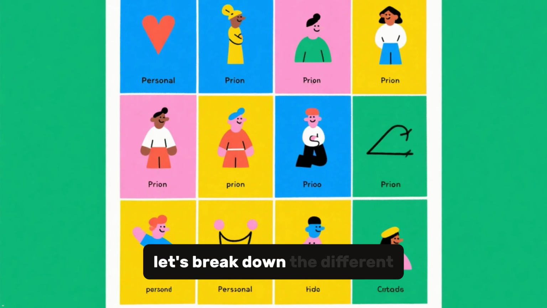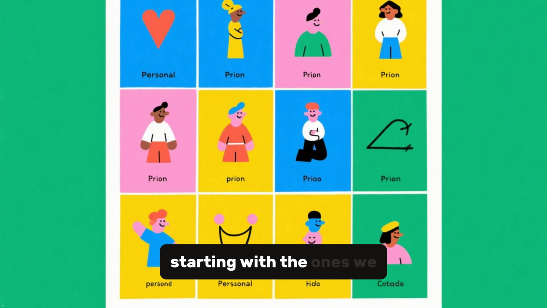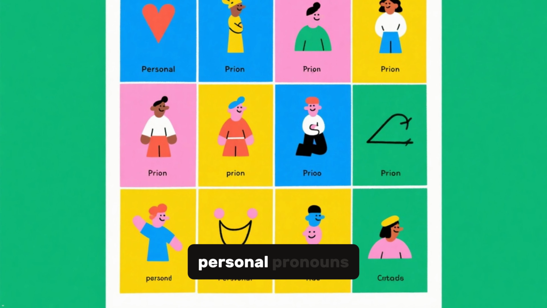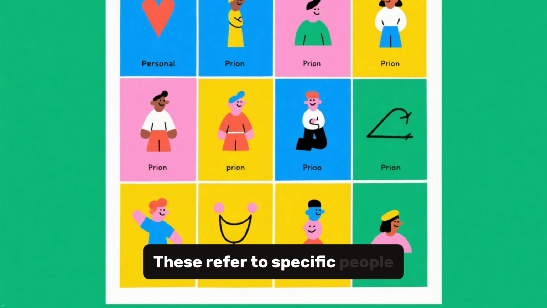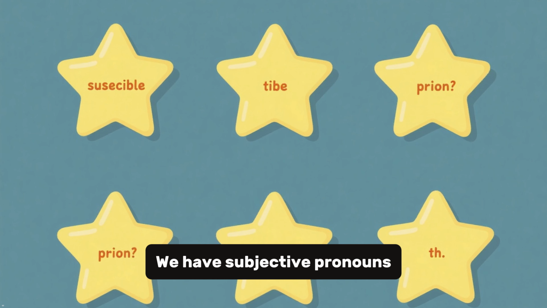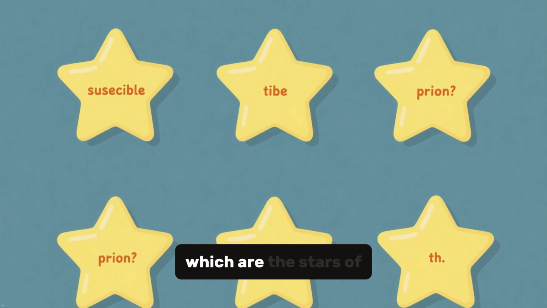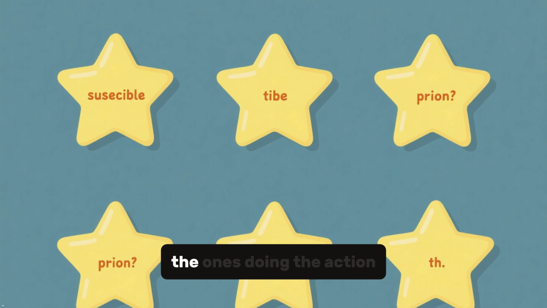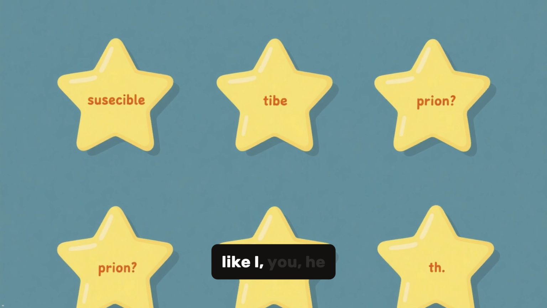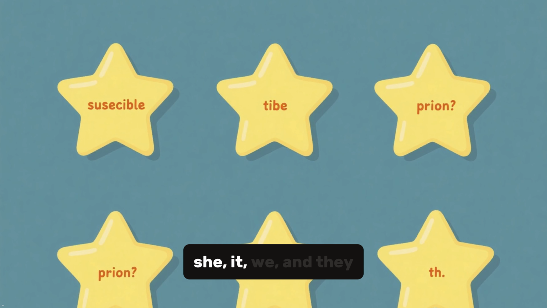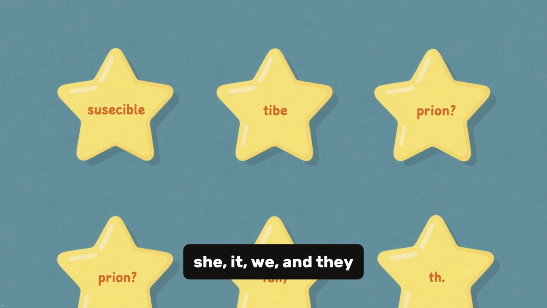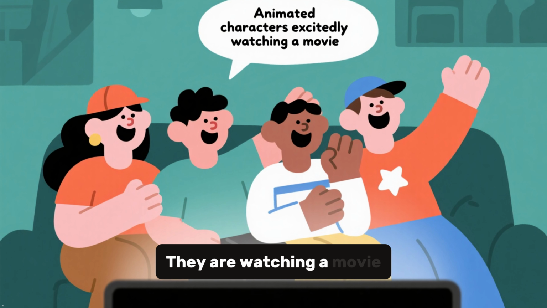So, let's break down the different types, starting with the ones we use all the time. Personal pronouns. These refer to specific people or things. We have subjective pronouns, which are the stars of the sentence. The ones doing the action, like I, you, he, she, it, we, and they. For example, "They are watching a movie."